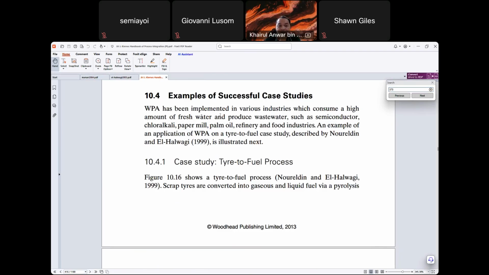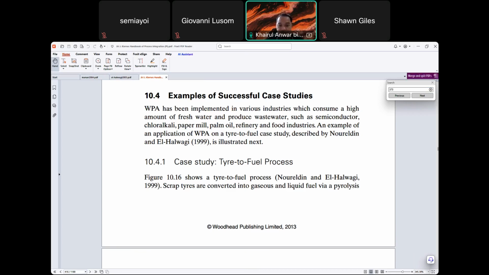The WPA has included this description of operations such as semiconductor, chlorine, petroleum, palm oil, refinery, and this example of the application of WPA on a tire petroleum case study described by Morel, Win, and Aliwadi. This is a paper from 1999.